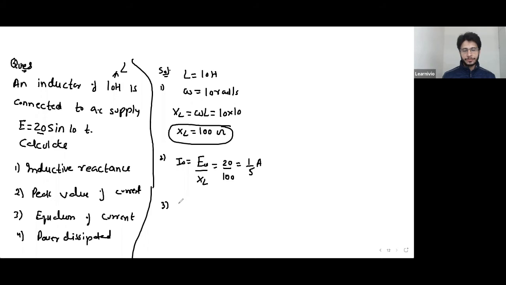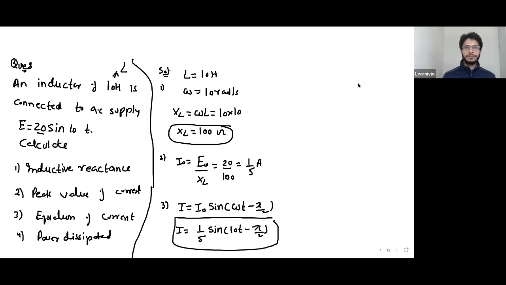Equation of current. See, in this circuit, current lags behind voltage by a phase difference of pi by 2. So keep on substituting the values. Your I naught is 1 by 5. It's sine. Omega is 10t, minus pi by 2. So this is the equation of current here.